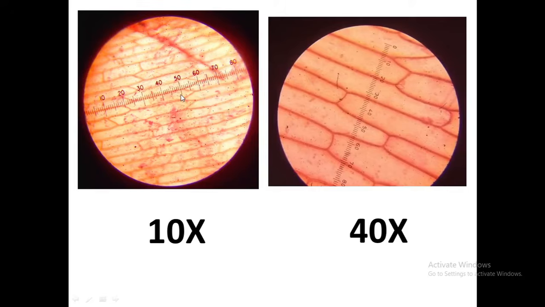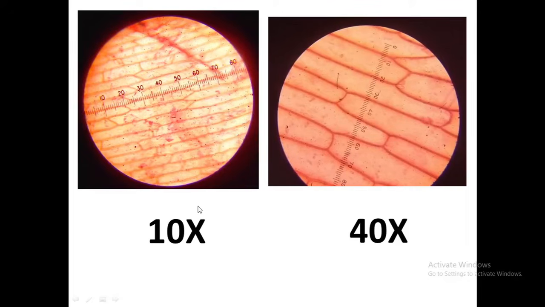Now, the number of ocular divisions covered by the cell is counted by viewing through the eyepiece. It can be used not only for the length but also for the width or diameter of the cell. Depending upon our requirement, we can use different powers of objective lens to measure the cell size.